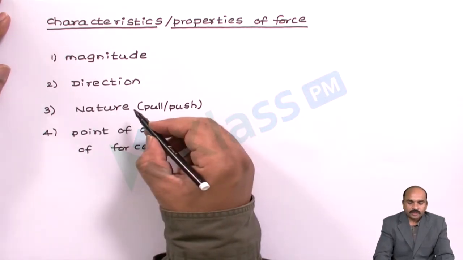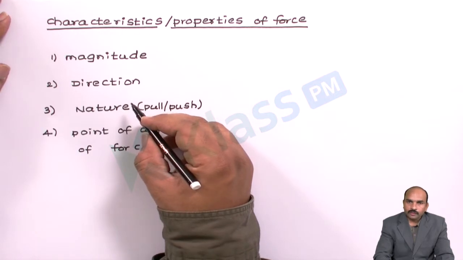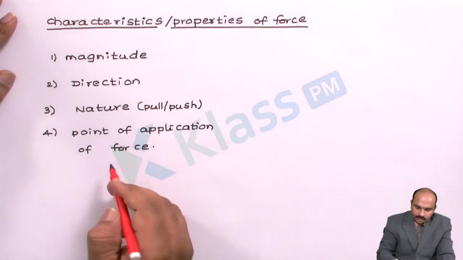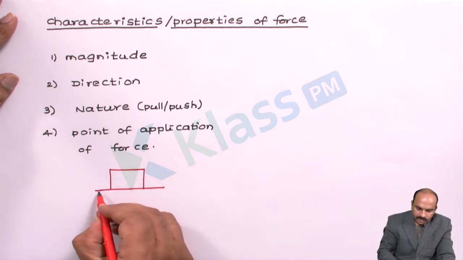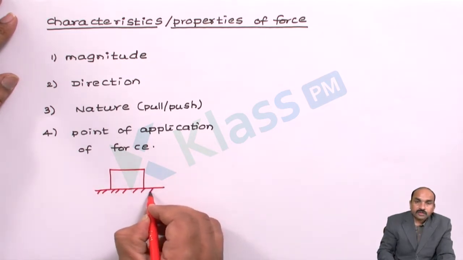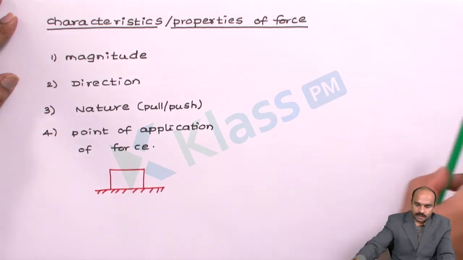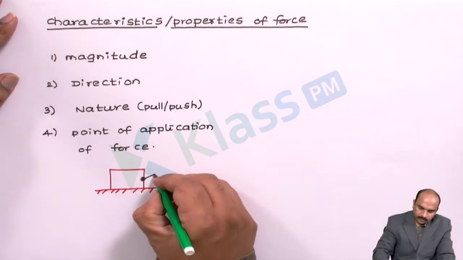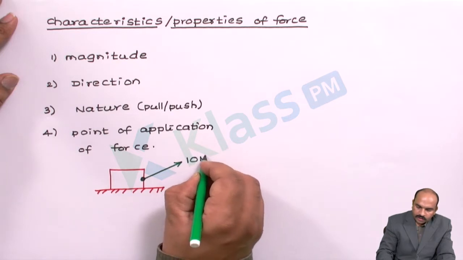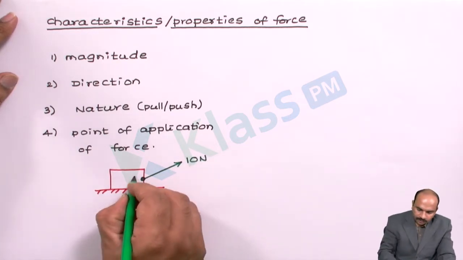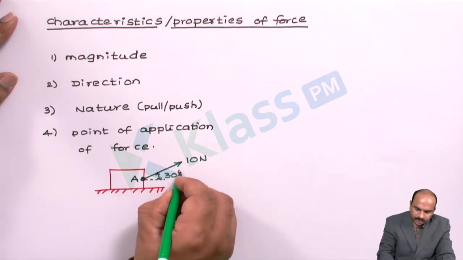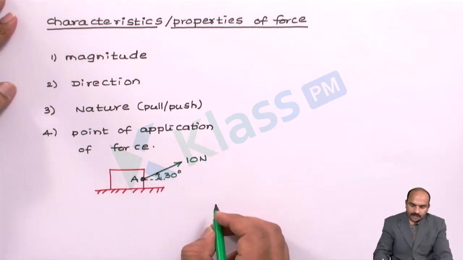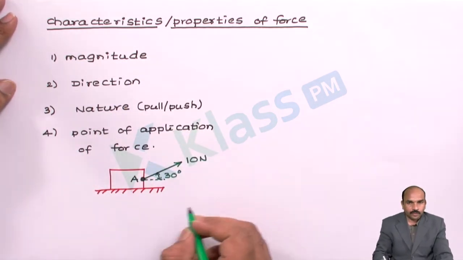So let us discuss the characteristic properties of the force with the help of a simple diagram. Let's take an object which is resting on a fixed horizontal surface. Let us say a force of 10 newtons is acting from point A at an angle of 30 degrees. Now let us see the four properties from the figure.